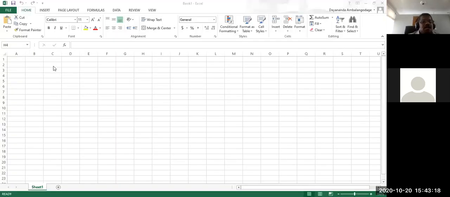When you prepare the consolidated financial statement of the investor, let's say PPLC. So if you prepare the statement of financial position, I hope that you can see the Excel sheet also.